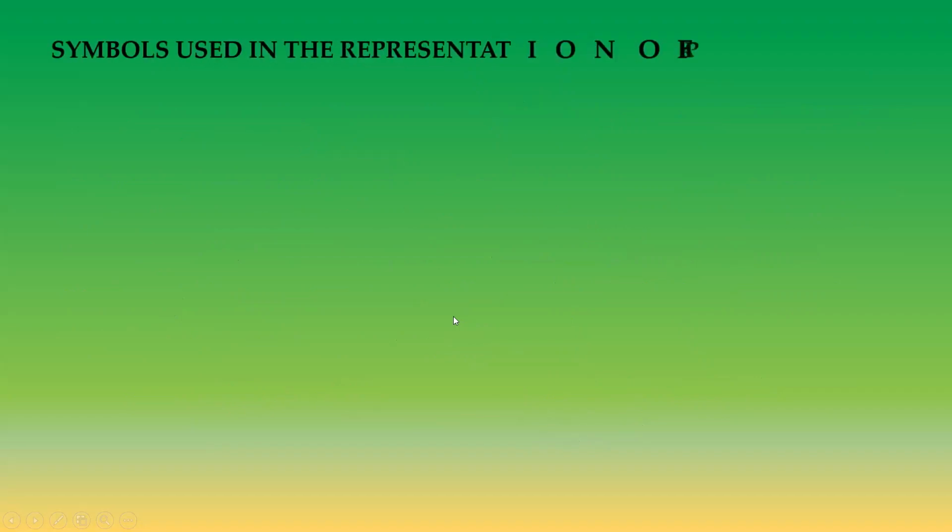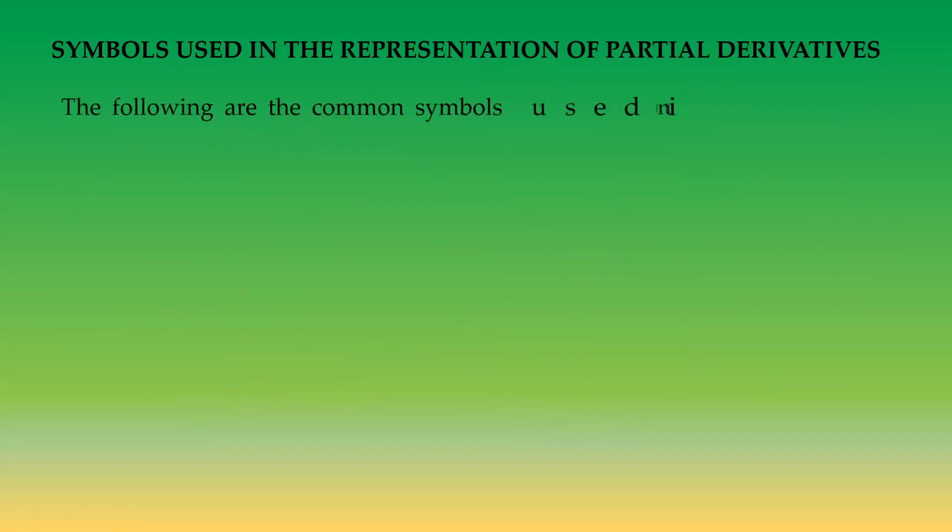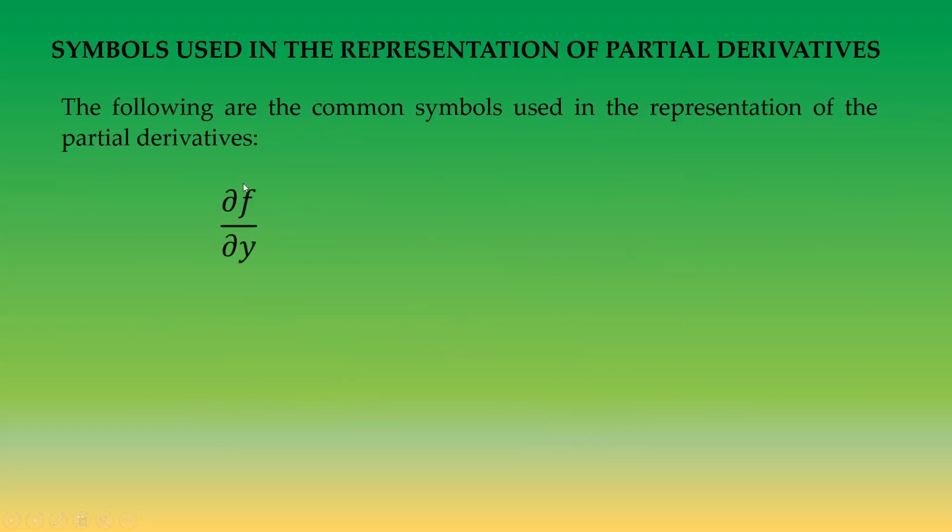So we have symbols used in the representation of partial derivatives. I have here the common symbols used for partial differentiation. First is this symbol. Para tayong may letter D sa ordinary derivative natin, so naging curved lang siya.